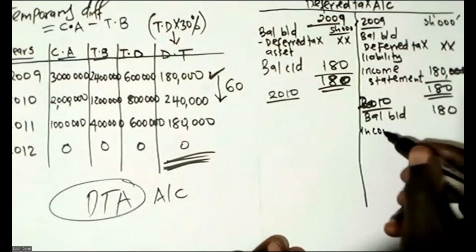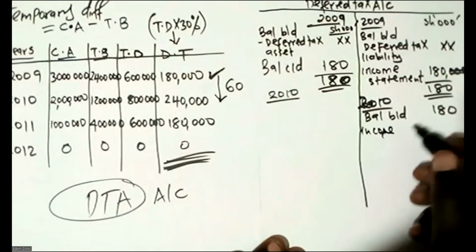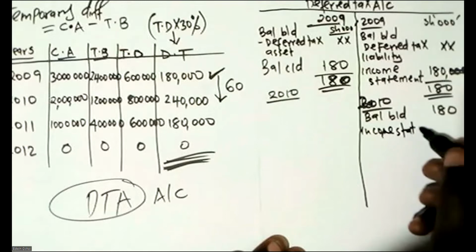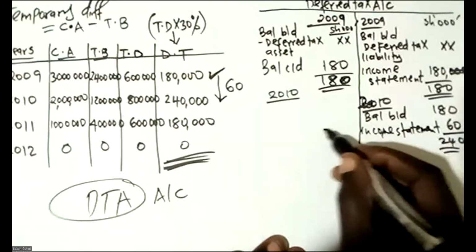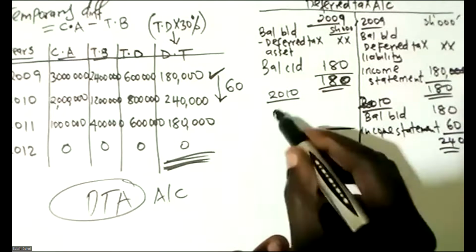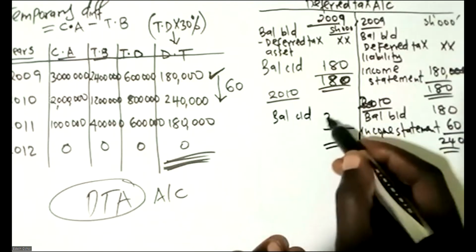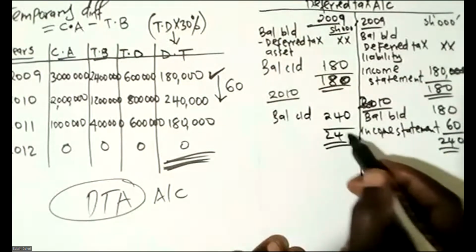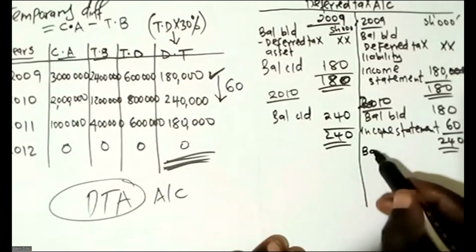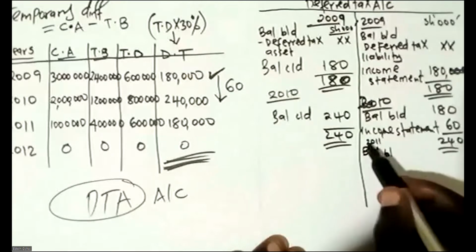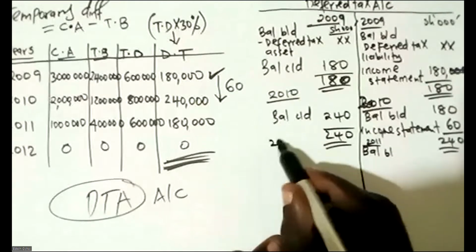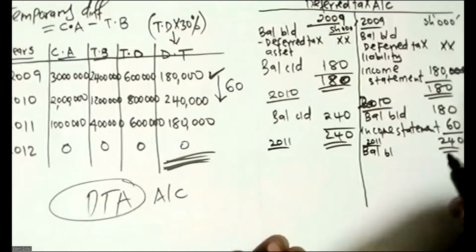So to the income statement, we have a deferred tax expense of 60. So that we have here 240, and we close with the balance carried down of 240. So the balance brought down, that is 2011, is 240.